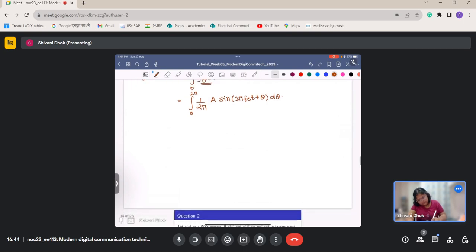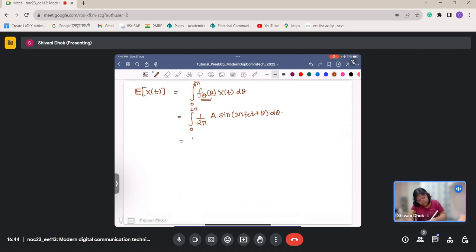And this thing is equal to A upon 2 pi. Inside the bracket it is minus cos of 2 pi fc t plus theta, from 0 to 2 pi.